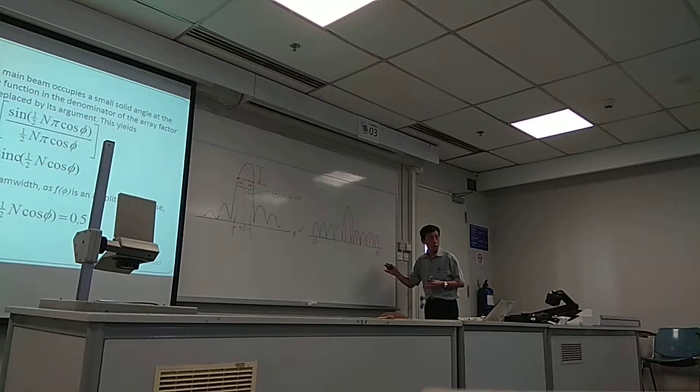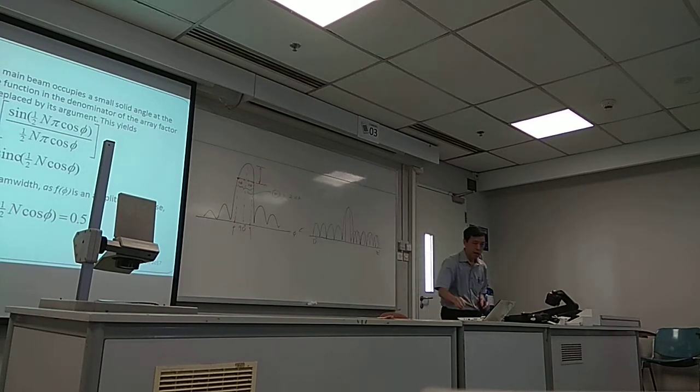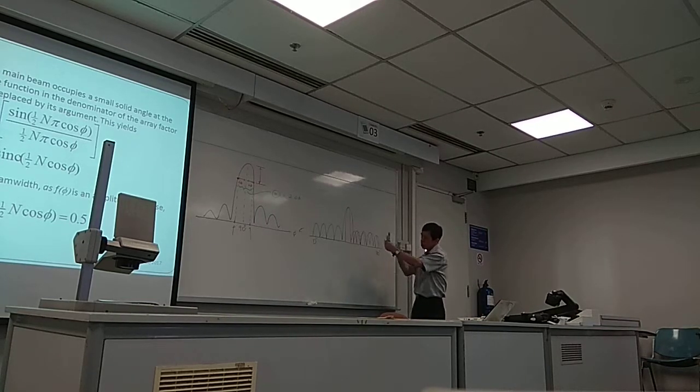The form of violating the Nyquist sampling rate is because once you have the violation, you'll find that after some time when you stretch the array element or the array aperture, you see that you have a very high beam appearing here.